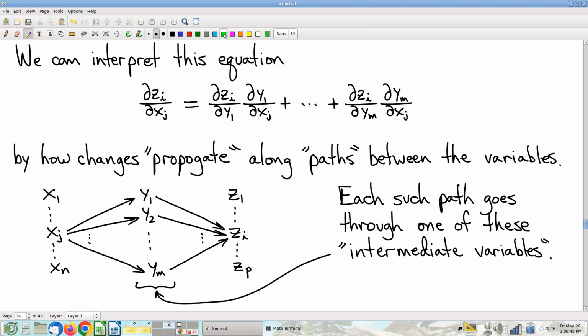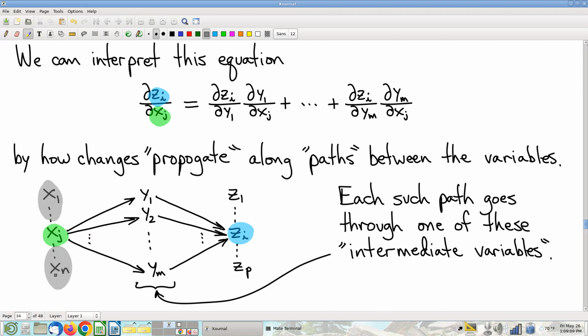What this says is I'm going to be moving xj around, making changes to xj, and as I do that, I want to keep track of how zi is changing. Okay, so how am I going to do that? Oh, and don't forget, this being a partial derivative, all these other x variables are constant.